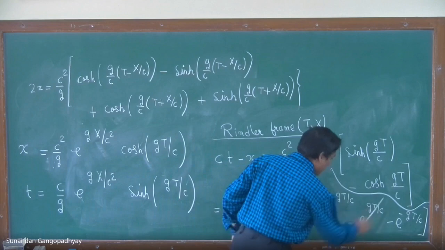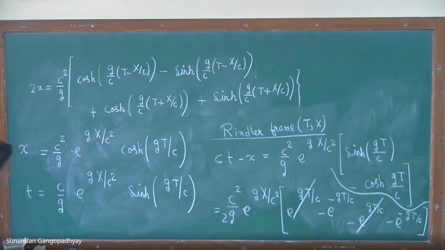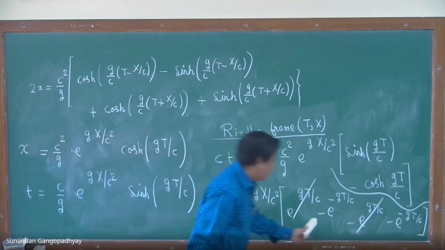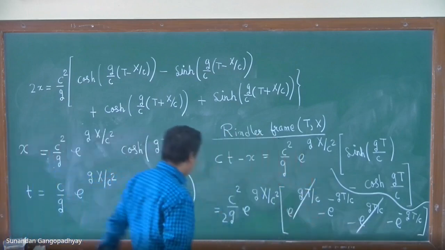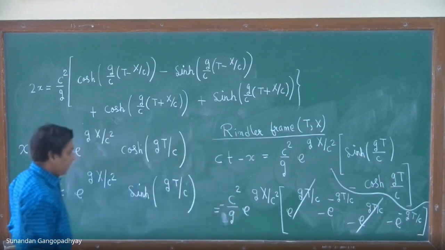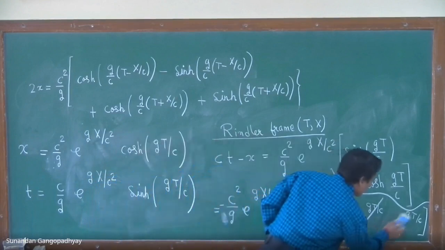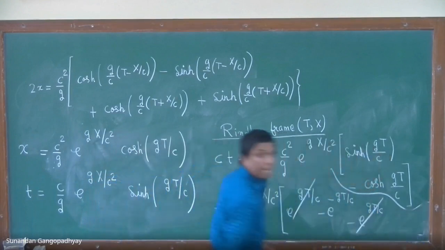When you look at these things, it creates a lot of problems. E to the power of g, and you get where the cancellations occur. So these two terms get cancelled, and from here these two terms add up. So this 2 gets cancelled. You get a minus.